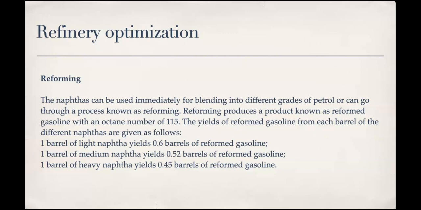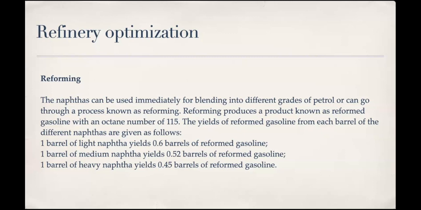And the yields of reformed gasoline from each barrel of the different naphthas are given as the following. If you send 1 barrel of light naphtha to the reformer, we will get 0.6 barrels of reformed gasoline, okay? Of course, we lost 0.4 to anything, I don't know, but we obtained only 0.6 barrel of reformed gasoline.